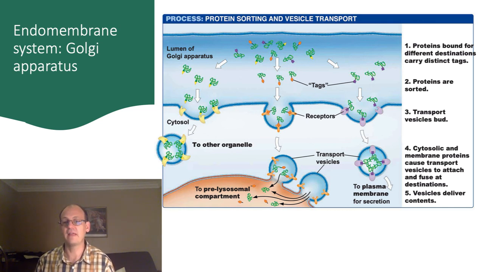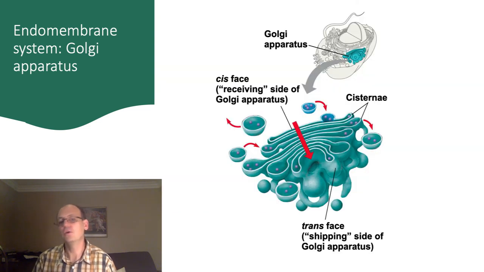Each of the vesicles now contains proteins concentrated and sorted by type, and the vesicles can be taken to their destination, other organelles or the plasma membrane if the protein is being exported. You can see that here are vesicles that are pinching off the trans face of the Golgi and fusing with the plasma membrane or being transported to other parts of the cell.